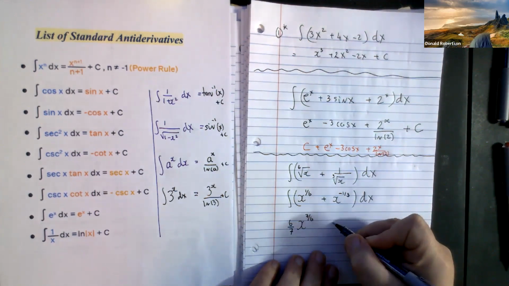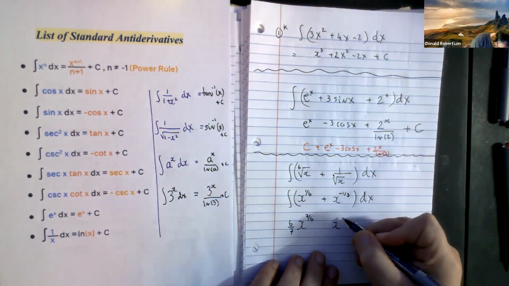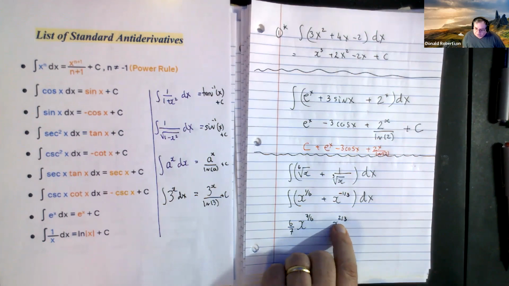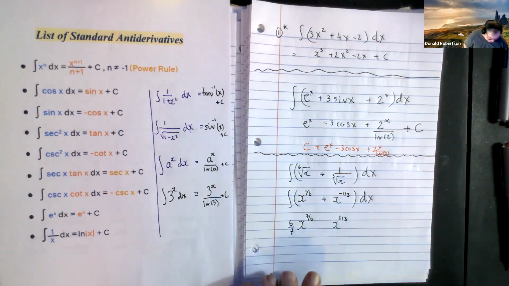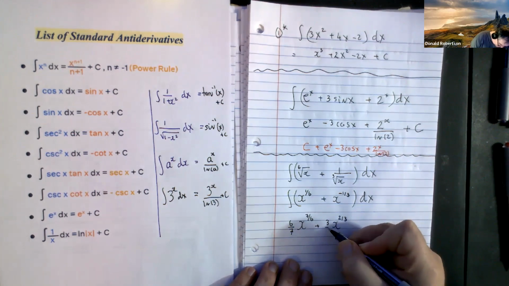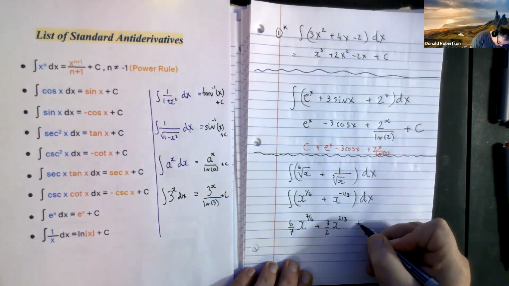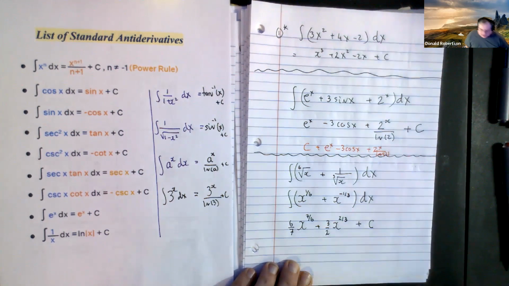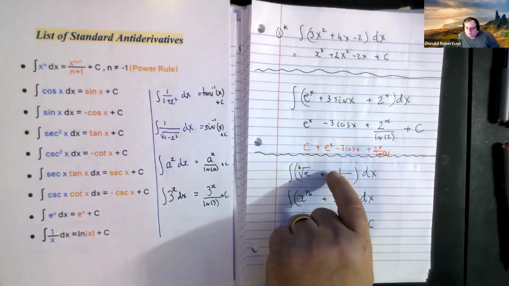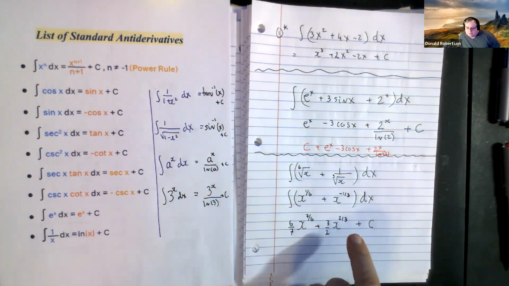Now, in the second one, you add 1 to -1/3, and you get plus 2/3, right? Plus 2/3. And then you divide by the new power. Well, dividing by 2/3 is that guy. And then you finish with add c. So this integral is equal to this guy.